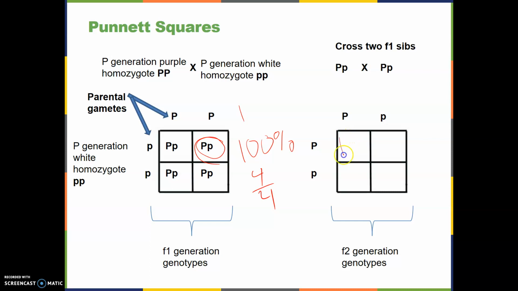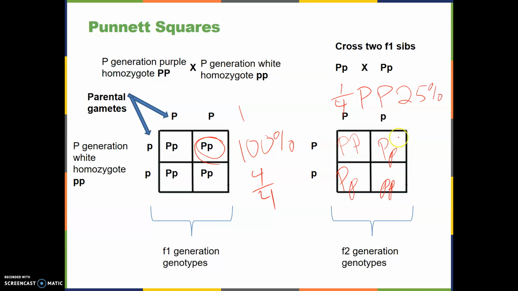And if we fill it in, one offspring can be big P, big P. You can have two possibilities that are big P, little p. So what this is telling you is that there is a 1/4 chance that the offspring will be big P, and you can also represent that as 25%.